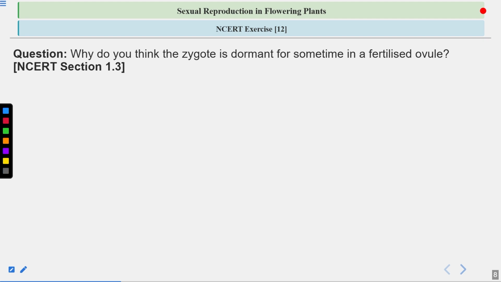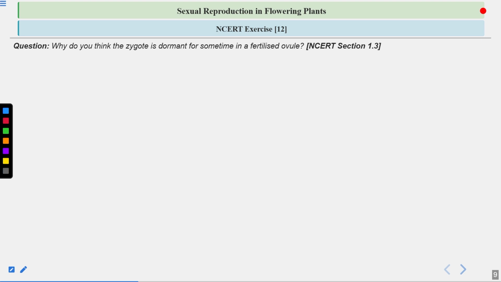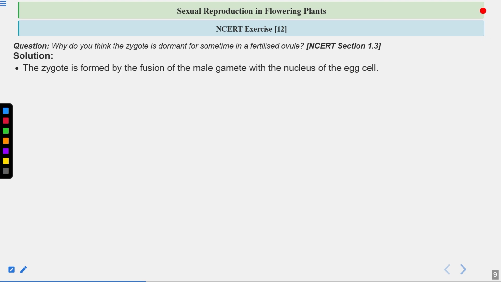So why is this happening? This question is based on our NCERT section 1.3. The zygote is formed by the fusion of the male gamete with the nucleus of the egg cell.